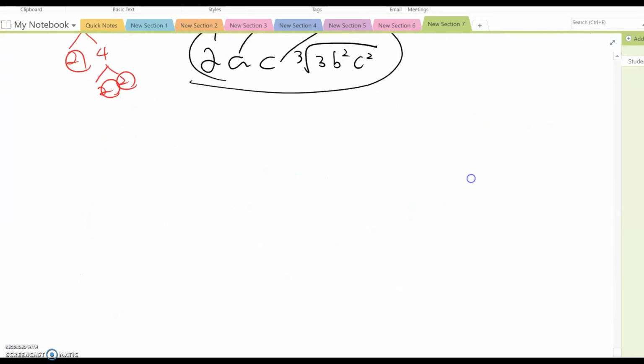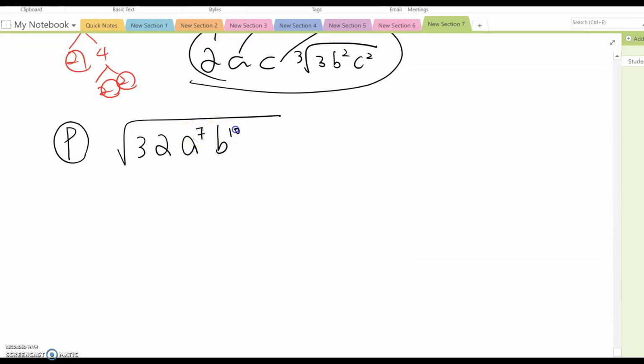So the last example of this section, letter P, square root of 32 a to the 7th b to the 10th c cubed. There is no number here, which means a hidden 2 exists, and if everything pairs up it will be one single number. So in the same way, I'm going to divide the number term, a term, b term, and c term.